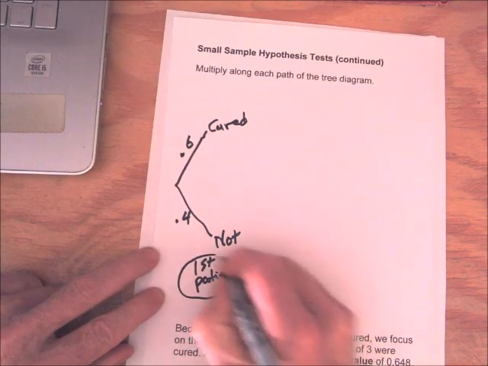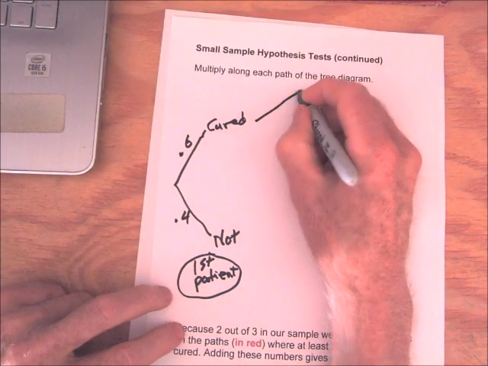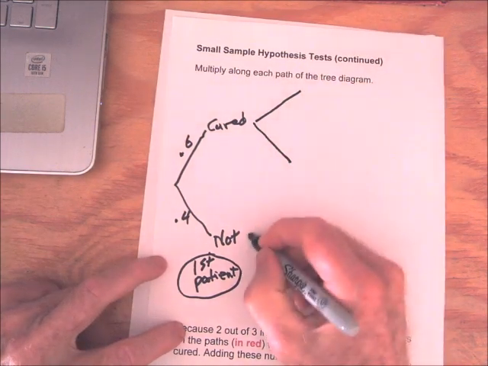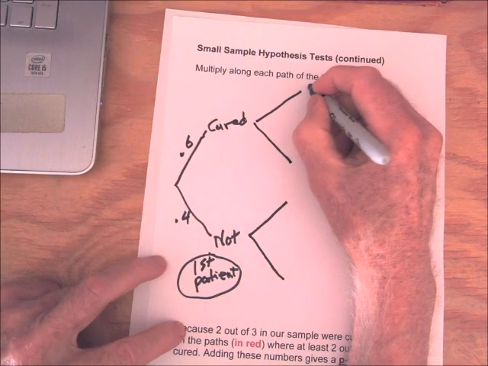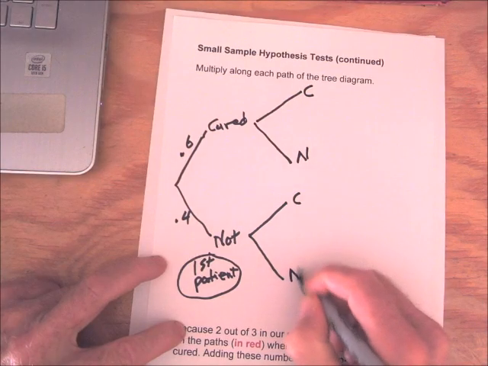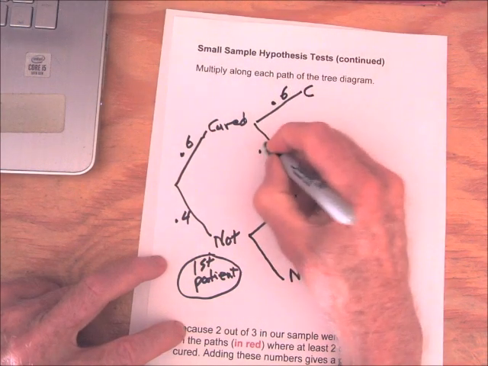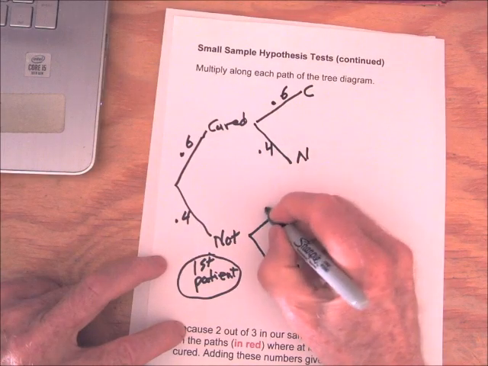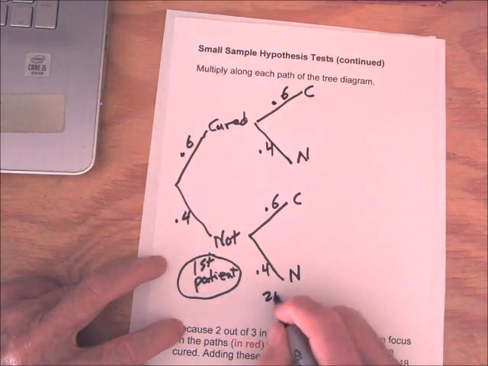The second patient is also either cured or not. I'm going to abbreviate this C and N, cured and not. The probability of cured is 0.6, probability not cured is 0.4. So that's the second patient.